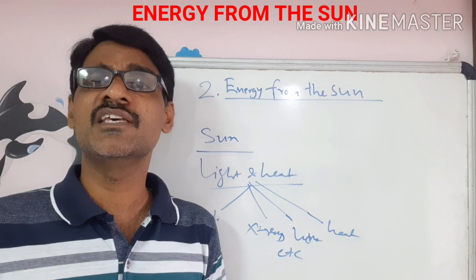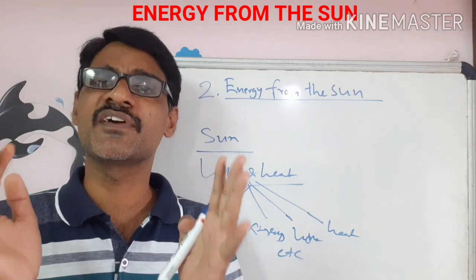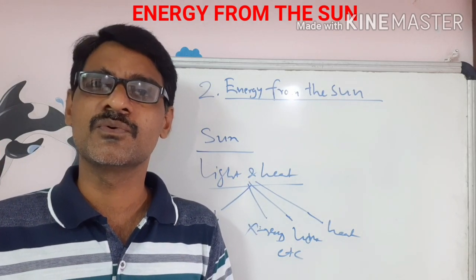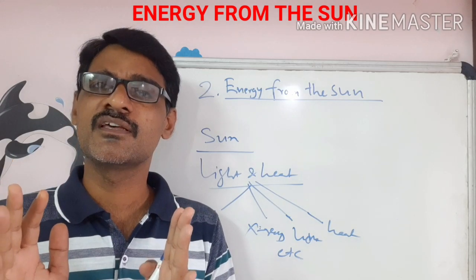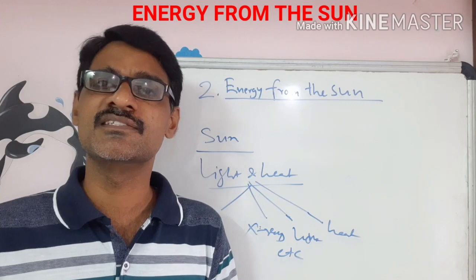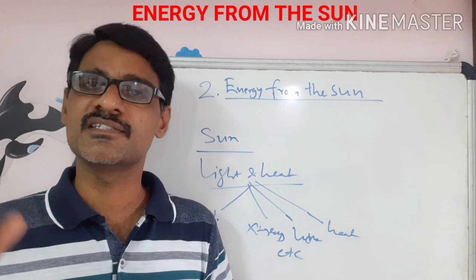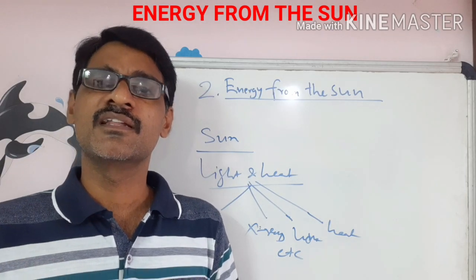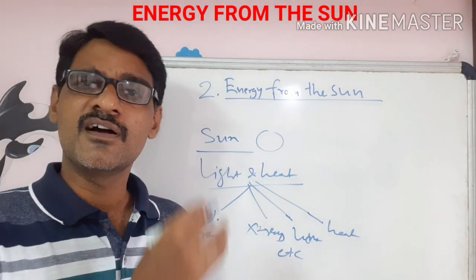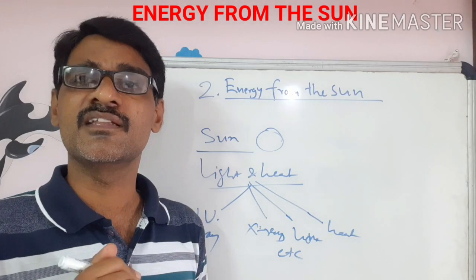So we are receiving the sunlight. The sun is a storehouse of energy. It is releasing the energy. So any body which emits, which releases the energy is called radiation. So solar radiation. What is solar radiation? The sun constantly emits energy.